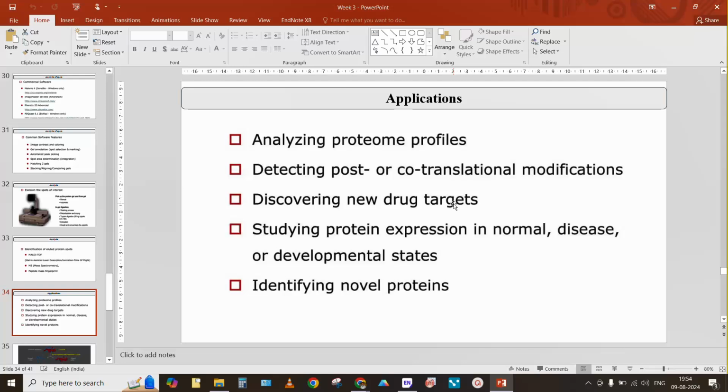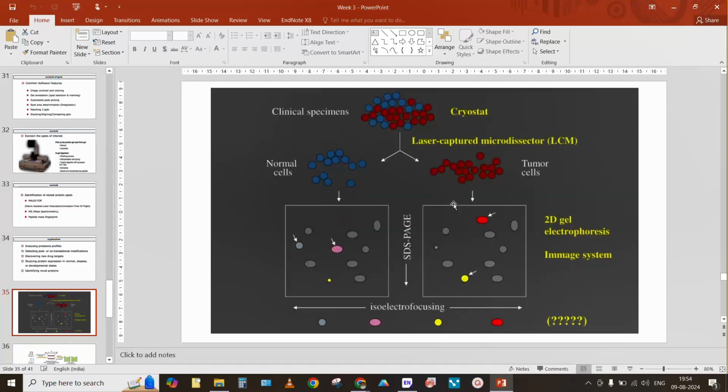In pathogenic microorganisms. Here is a flow chart for a clinical specimen, differentiating normal cells and tumor cells by electrofocusing and SDS-PAGE using the 2D electrophoresis technique. So, tumor biomarker identification is extensively used in cancer research to identify proteins that are differentially expressed in tumors compared to normal tissues.